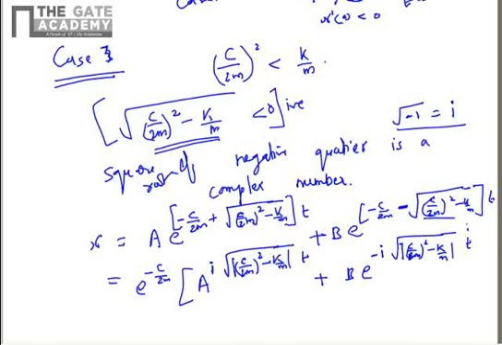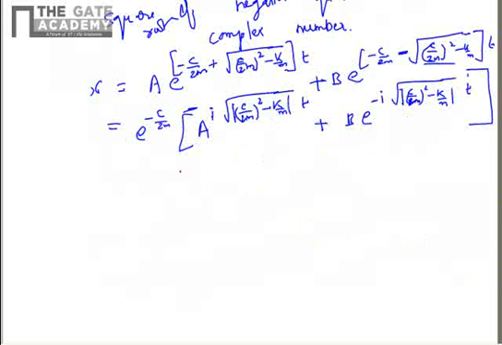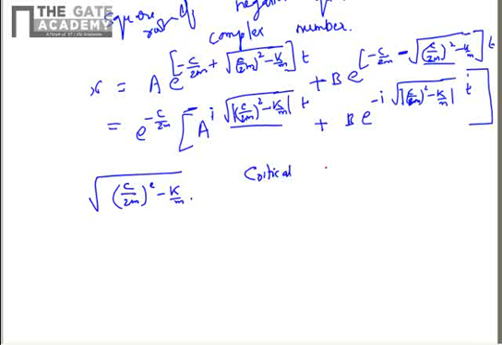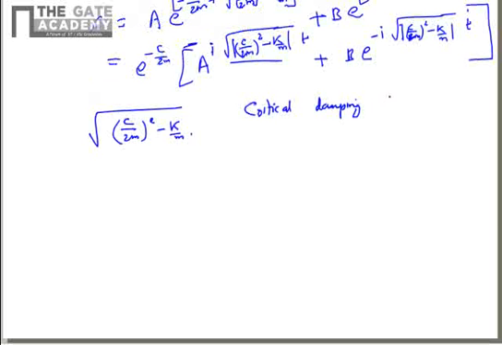Now we will analyze this function and see how the oscillations will appear. We will plot them graphically. For doing that, we have to first simplify this expression inside the root. It looks too complicated to analyze at present. So we'll take this expression (c by 2m) whole square minus k by m. Now we will represent this function in terms of critical damping and the damping ratio.